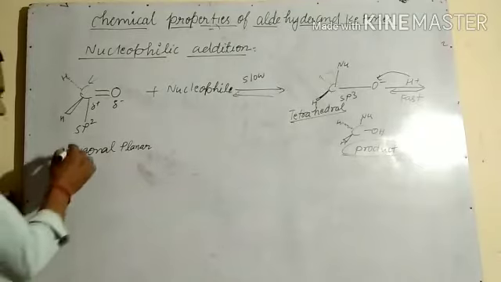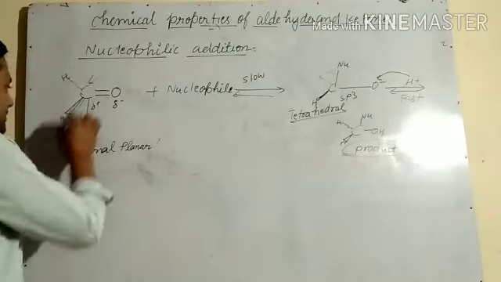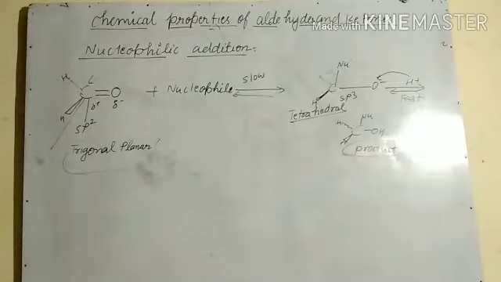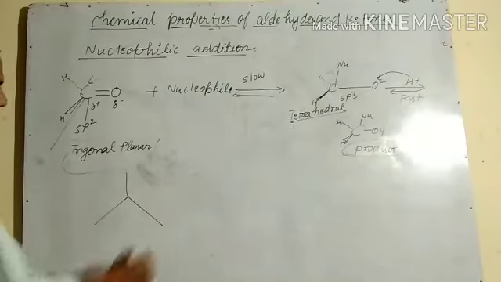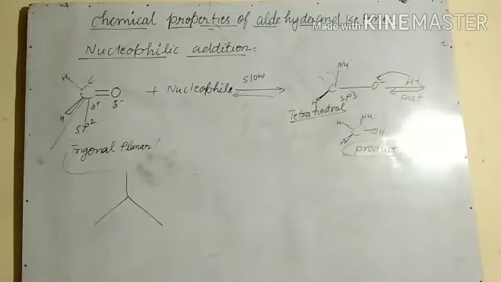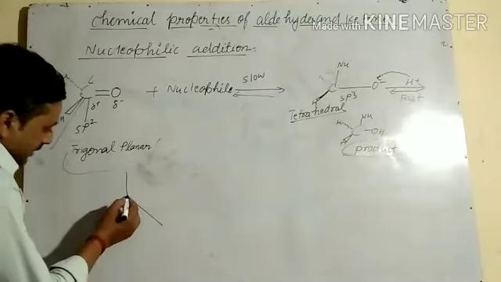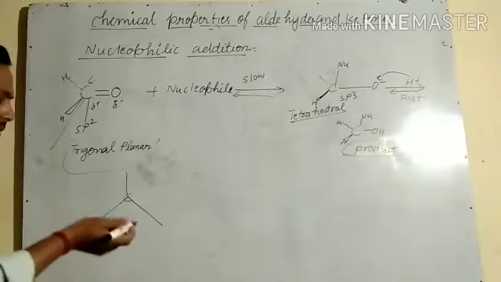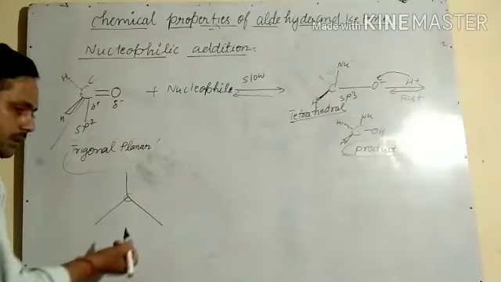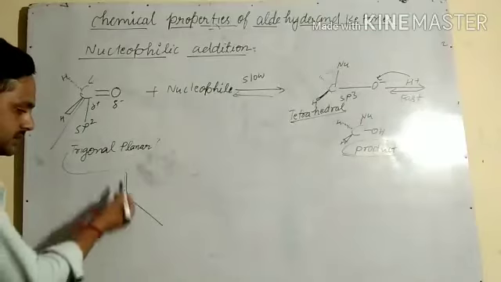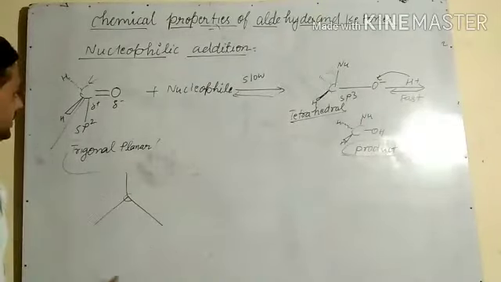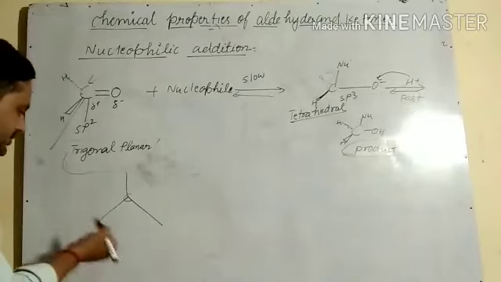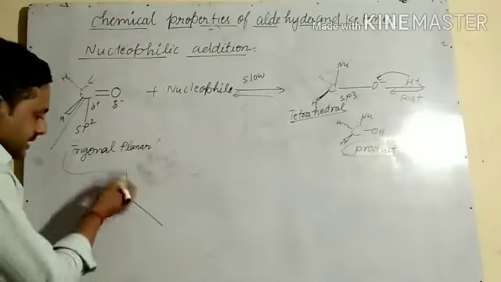Here the carbon is sp2 hybridized, so it is a planar structure, trigonal planar. At the three positions, steric hindrance is found.